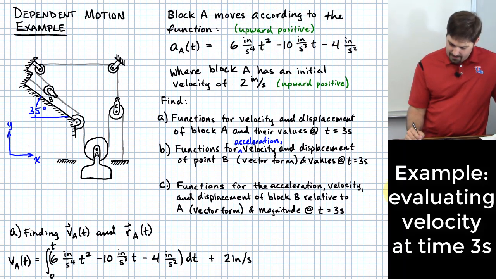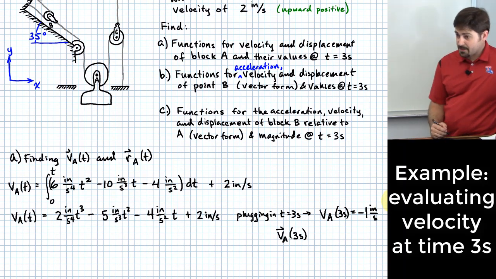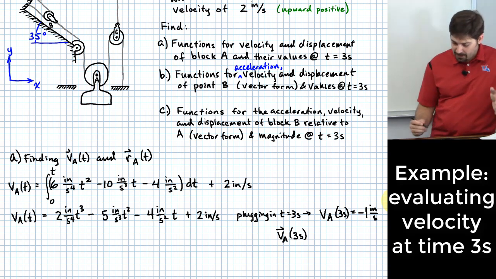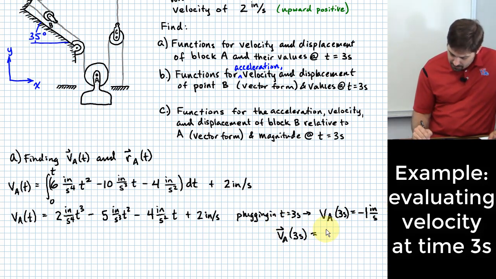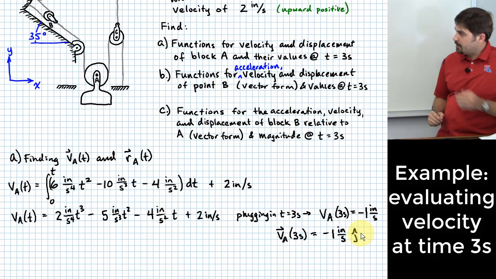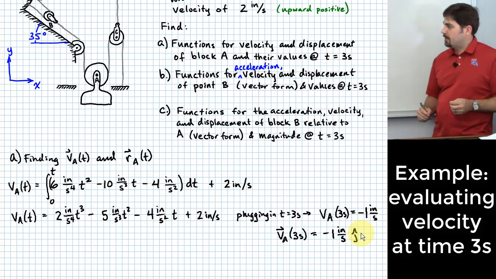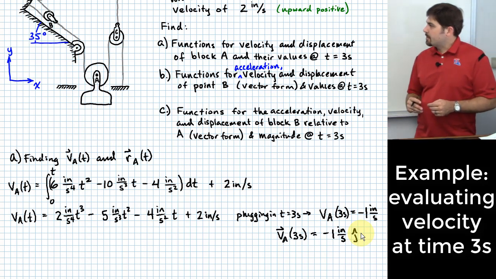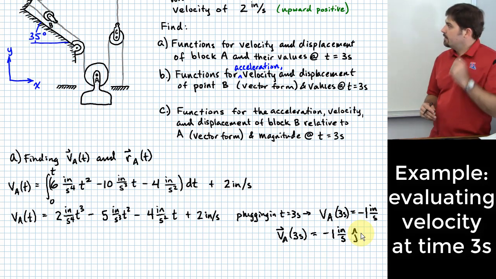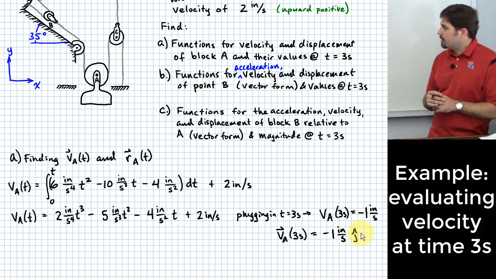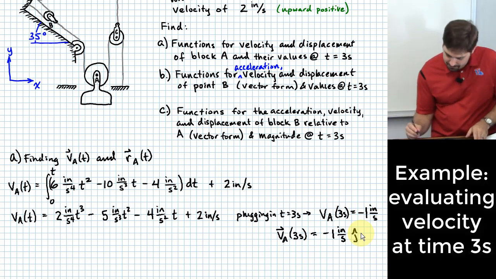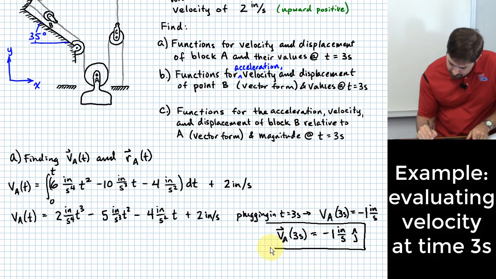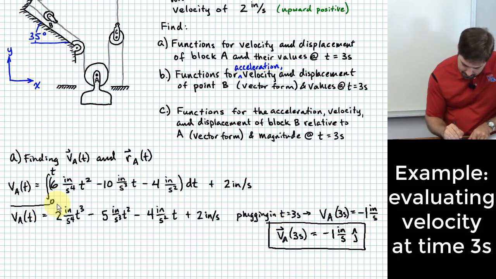I would say it looks like it's a vertical movement, right? So I can put on here that this is going to be equal to -1 inch per second j, given the x and y coordinate system that I identified up there. So that's a function for the velocity of block A and the value of it at time equal 3 seconds.